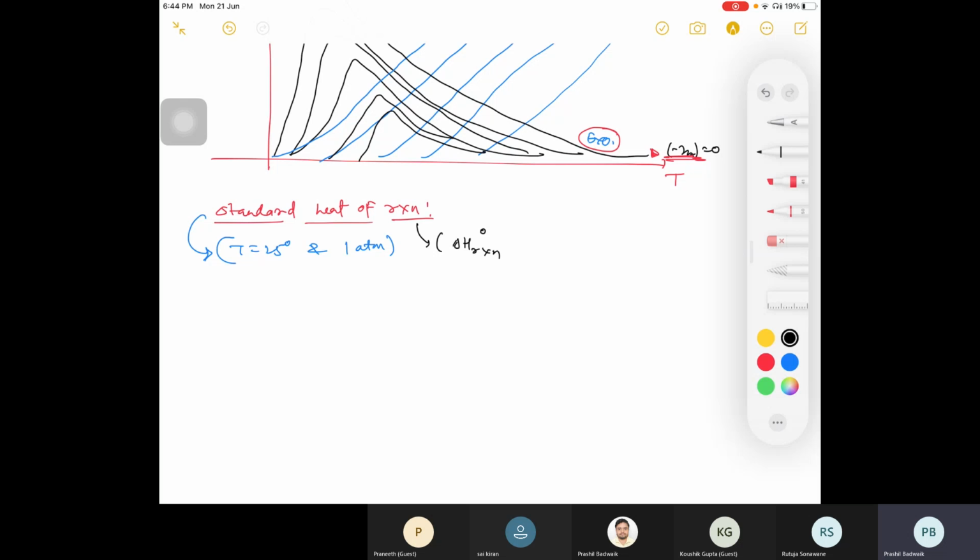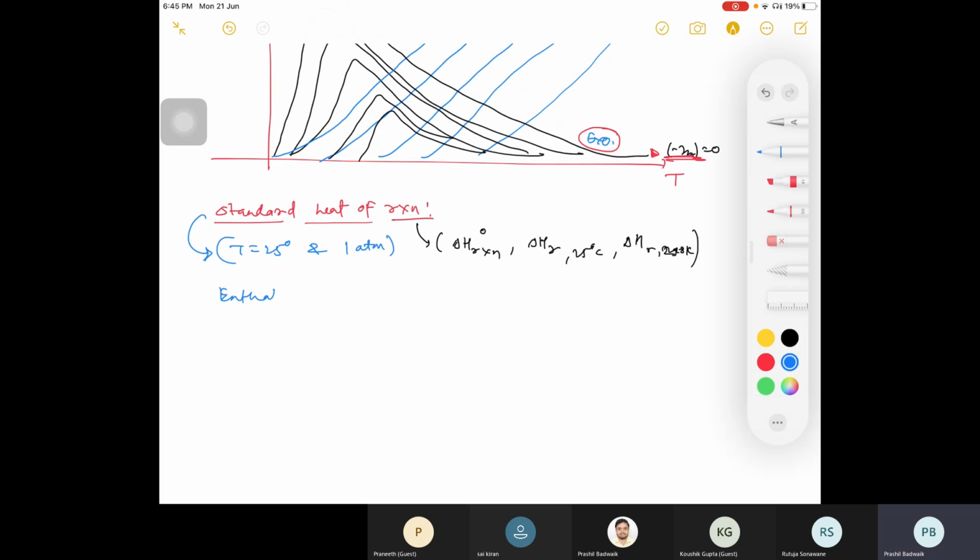So I can write standard heat of reaction as delta H reaction naught, or RXN, at 25 degrees Celsius, or you can represent it as delta H reaction at 298 Kelvin. This is your representation. Please write the definition: when reactants react at standard state, the enthalpy change is your standard heat of reaction.